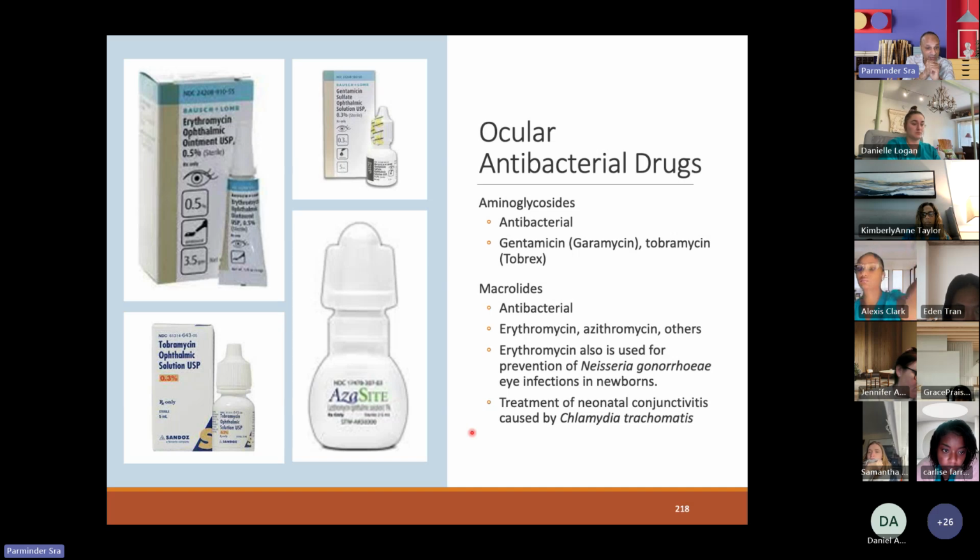Tobramycin, it's an aminoglycoside. It can cause nephrotoxicity, ototoxicity. So even though the dosage is very low to produce any sort of effect, still keep an eye out, especially for ototoxicity, if not nephrotoxicity.